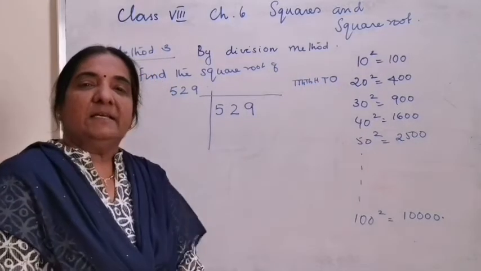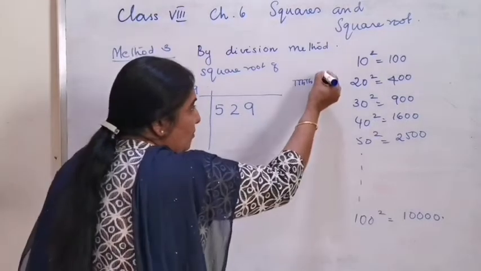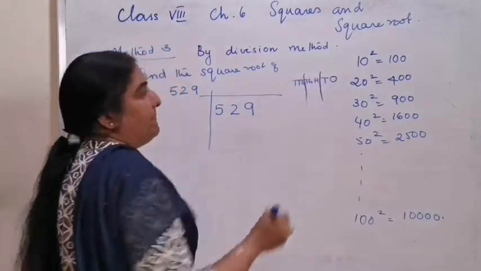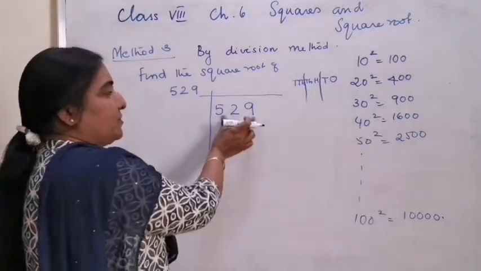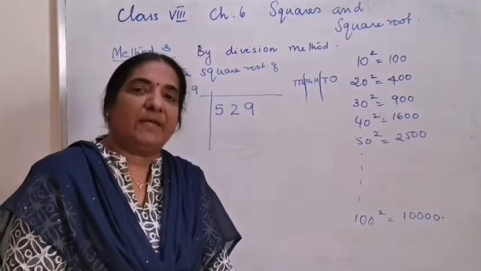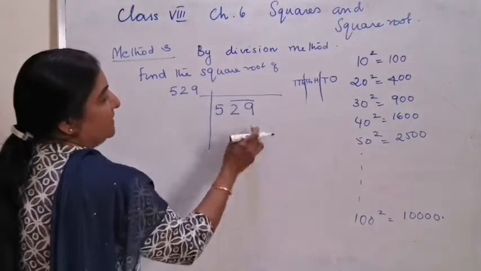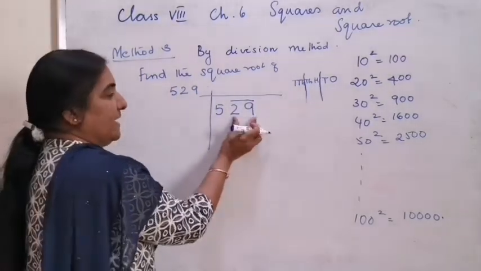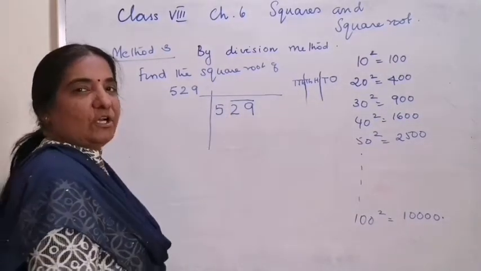This is the place value chart, and you will group the numbers in pairs whenever you want to find a square root of a perfect square number. So here 29 will be grouped together, as the digits are 9 and 2 in the ones and tens column.